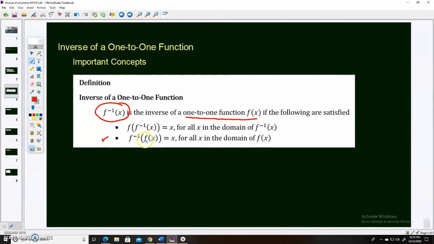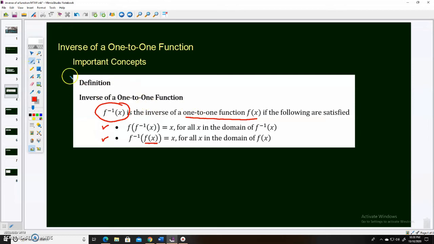Notice that in this composition, your input function is f of x, which will have a domain. According to the definition, if you compose these two functions, where f of x is the input and f inverse is the function that f of x goes through, the result will just be x for all x in the domain of the input function f of x. The same goes for the other composition. Again, these two must both be satisfied.